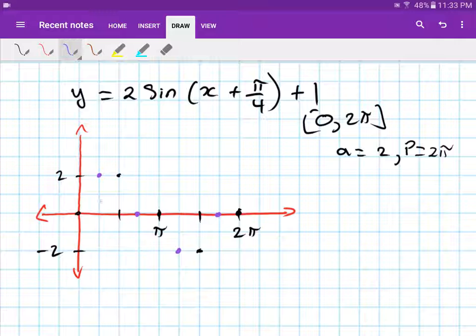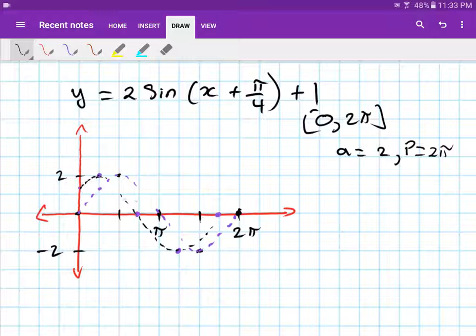If I draw 2 sine x, I just connect this first, so you can see it's easier like that. Then we move left, so this here is roughly moved to here. I use a different color first and connect, and then we join up.